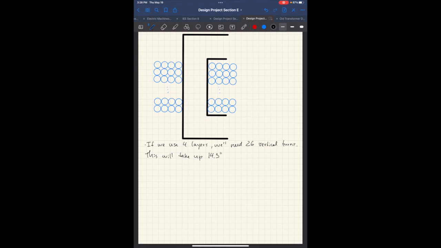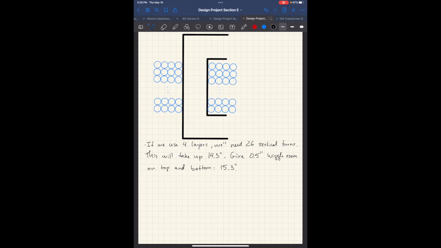Now, we don't want a snug fit. So we're going to give a little bit of wiggle room on the top and on the bottom. About half an inch, top and bottom, is decent wiggle room. So give 0.5 inch wiggle room on top and bottom. So we end up with a total of 15.3 inches in height.